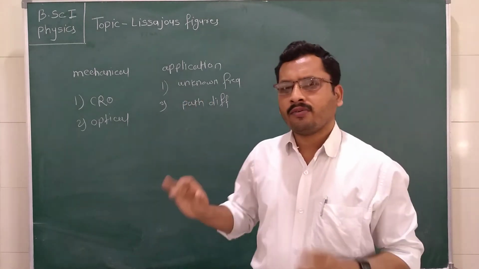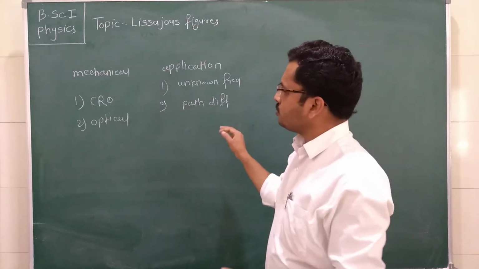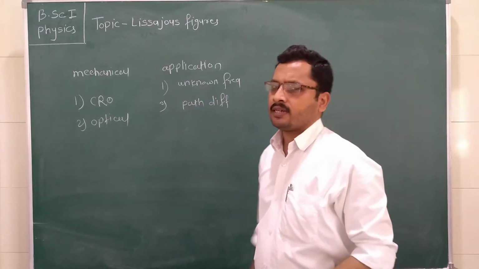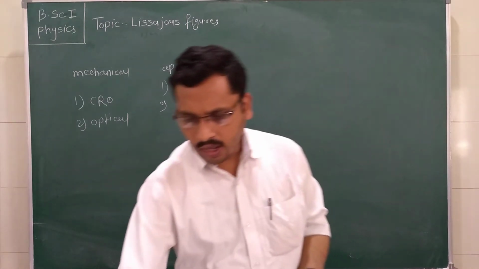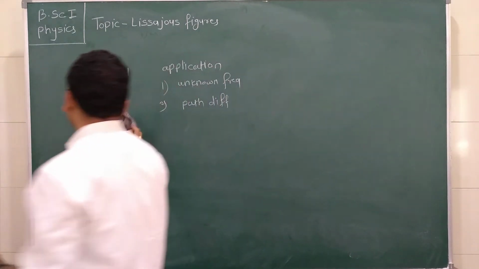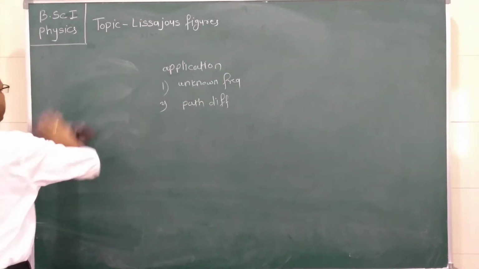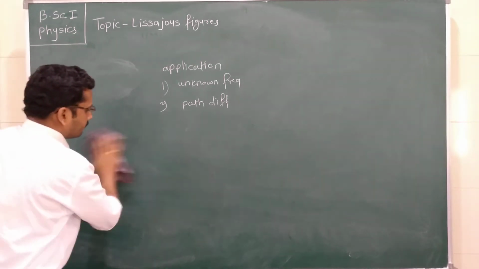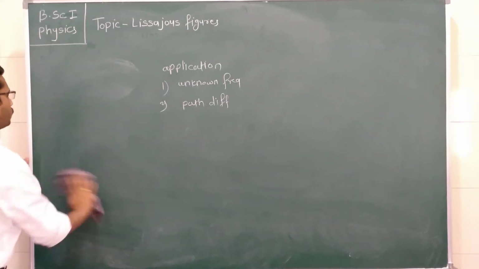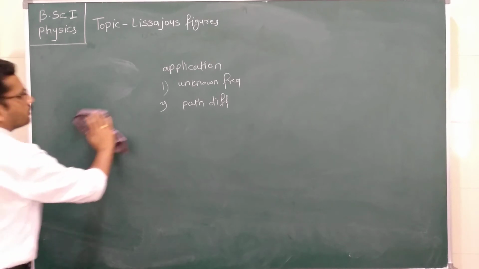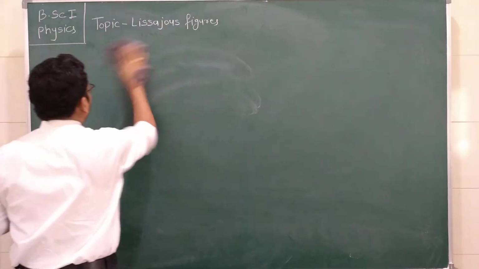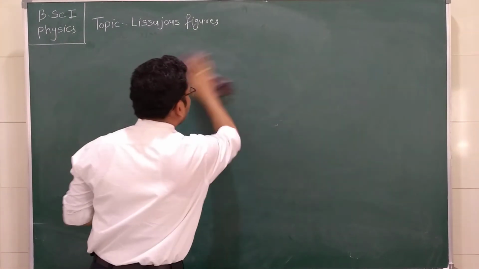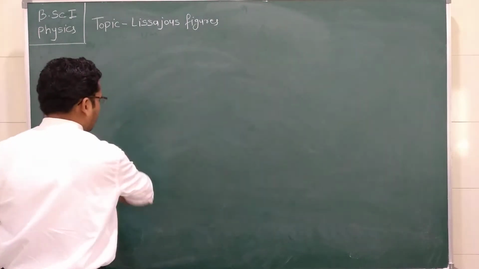Now we know the Lissajous figure is used for finding out the unknown frequency. Then how can we find out the unknown frequency? So we take a small derivation here. Consider two simple harmonic motions, mutually perpendicular to each other, having different amplitudes and different frequencies.